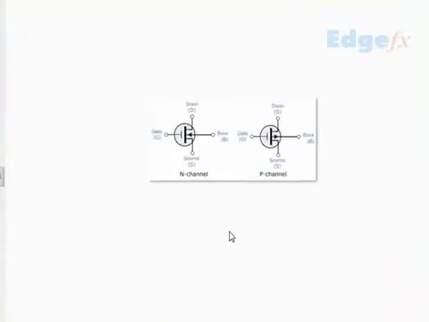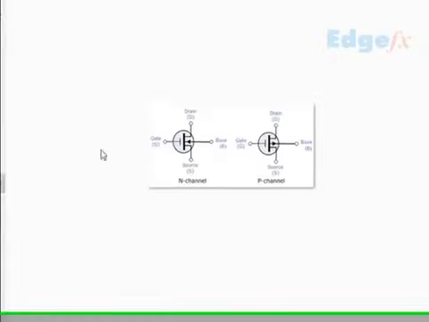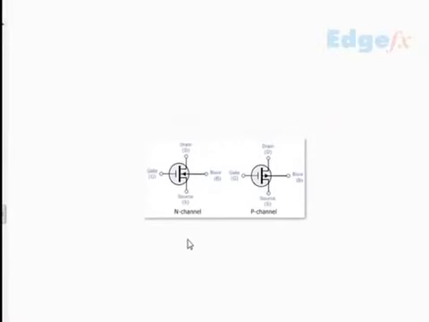Now with the MOSFET, it is difficult to test it in a multimeter, and MOSFETs, as we know, are available in N channel and P channel, the most popular being the N channel. This is called gate, this is called source, and this is called drain. For testing it, put the multimeter red here, black here.